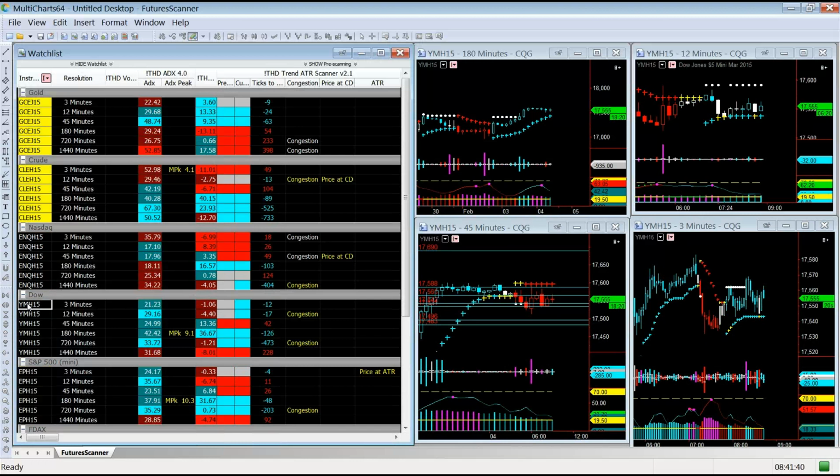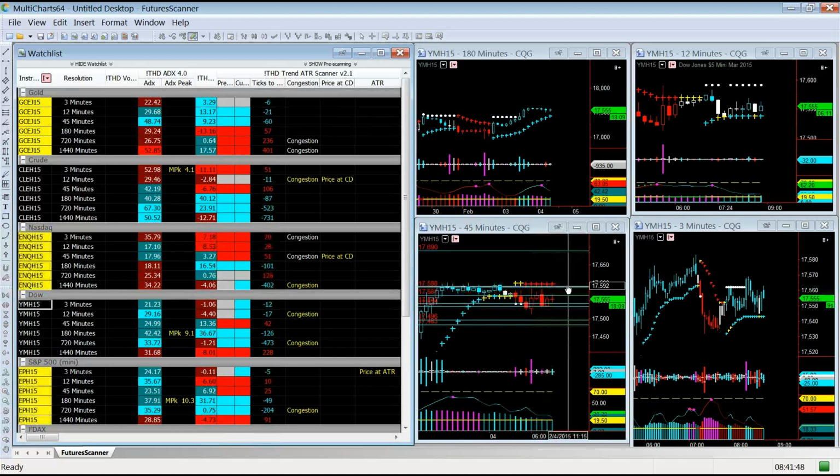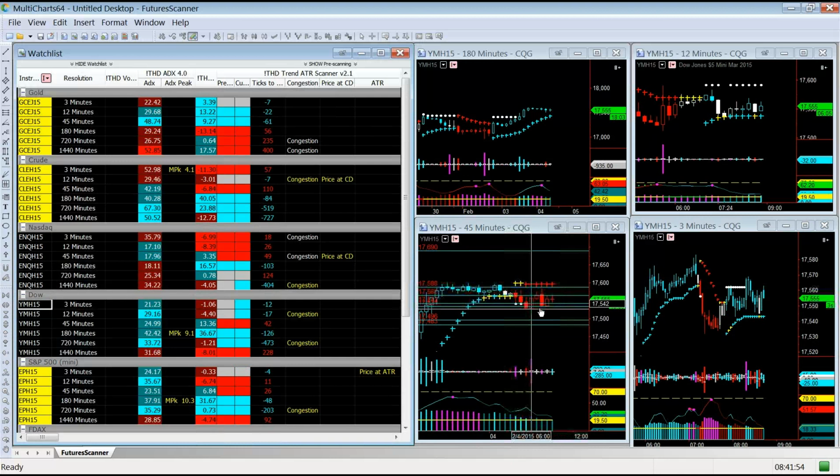All right. Now, on the Dow, you are slightly different, okay? You still have the ATR up here, which is coinciding with congestion lines. You also see that you've got double congestion lines here. My anticipation at this time would be that it's going to come back and at least test this ATR again.